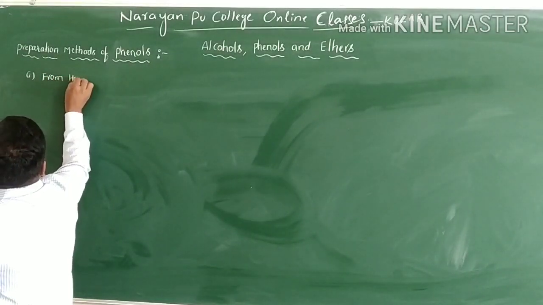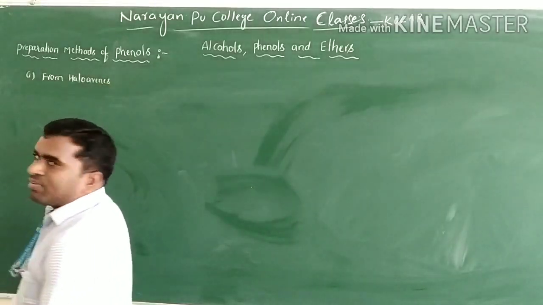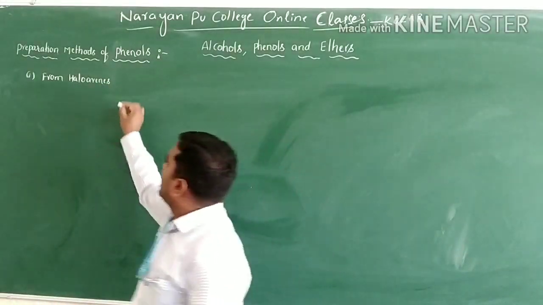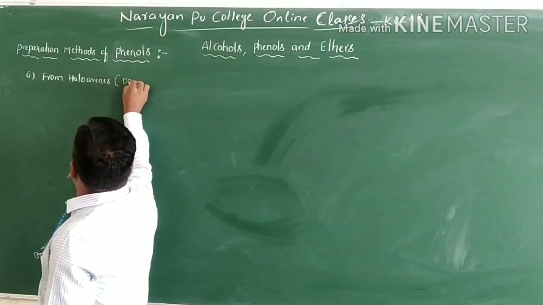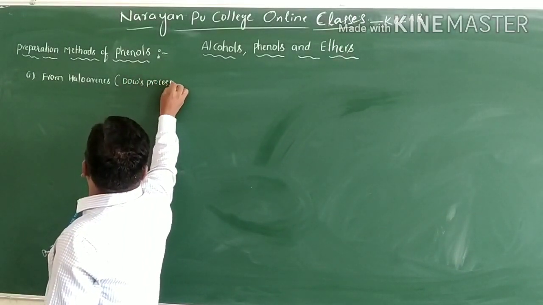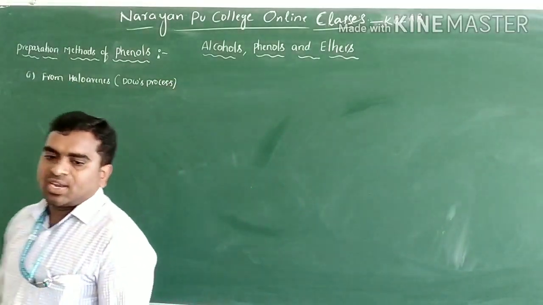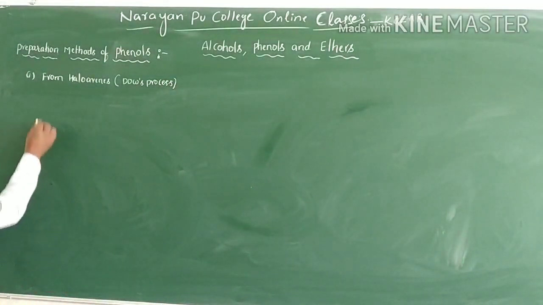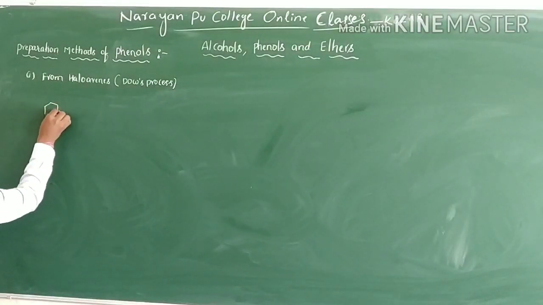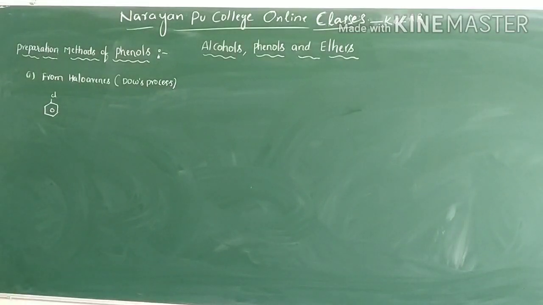From haloarenes. We discussed this in haloalkanes and haloarenes, and this process we call Dow's process. Clear? So what is Dow's process here? We take the haloarene. Haloarene means, shall I take chlorobenzene here?